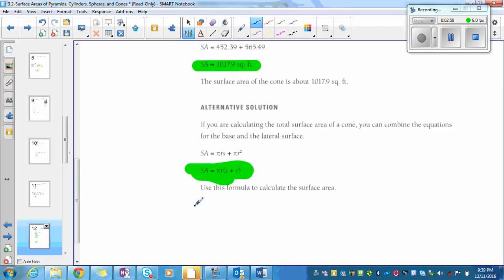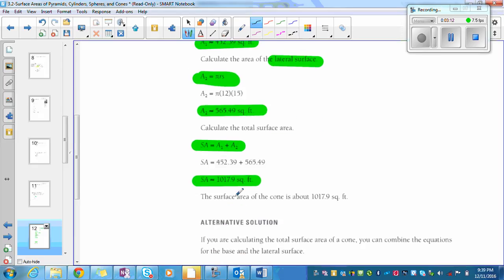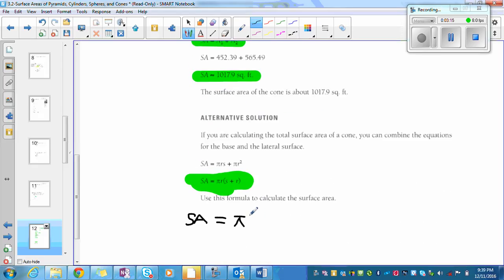Well, surface area is equal to pi times the radius, which I believe was 12, so times 12, times the slant height, 15, plus 12, which is the radius.